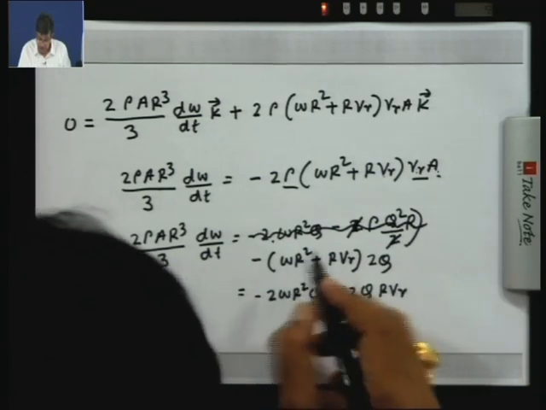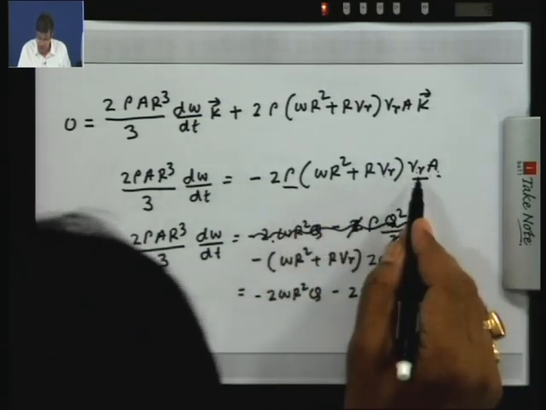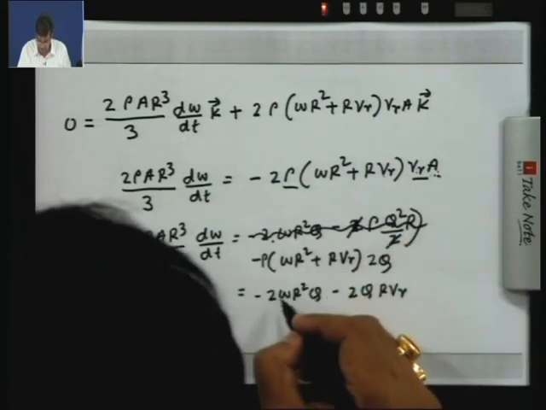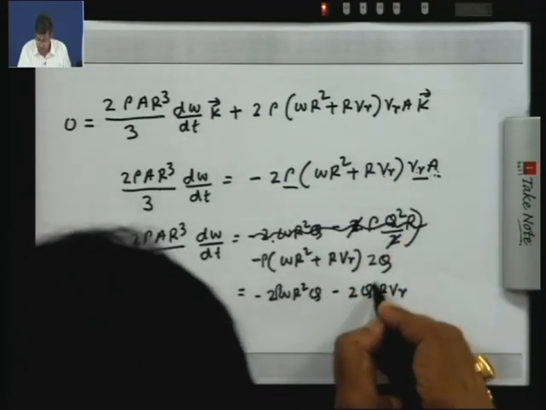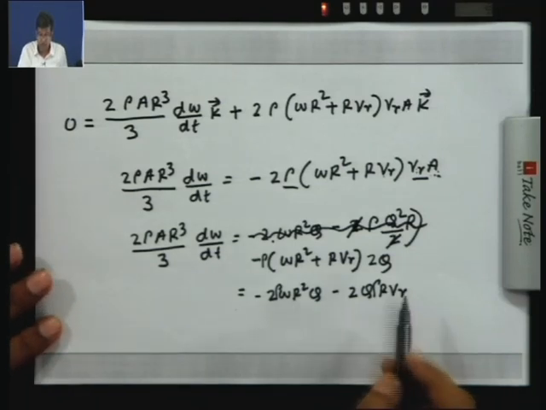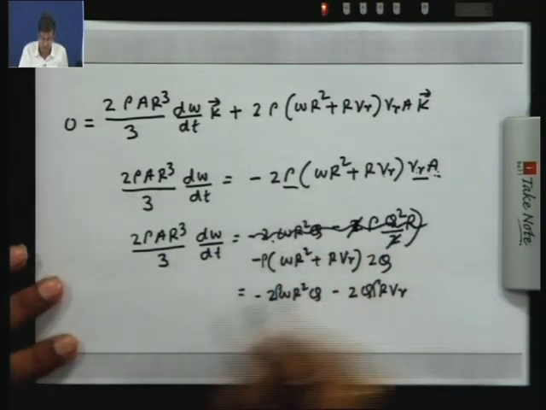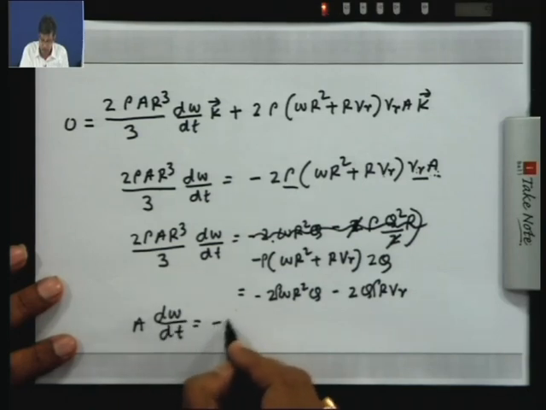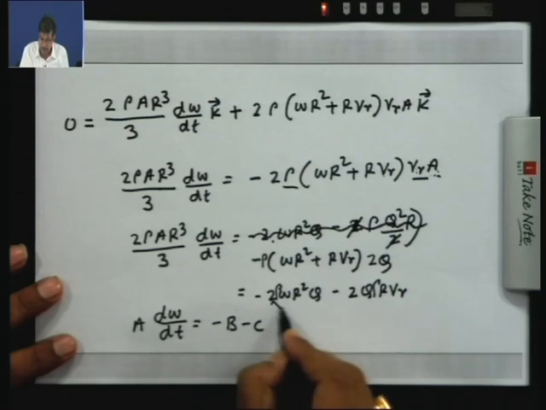Rho is there, sorry. Q is Vr A, 2 Vr A is Q, rho is there. You see that this is an algebraic step. So therefore it can be written as A in this form. This is the equation, is equal to minus B minus C.